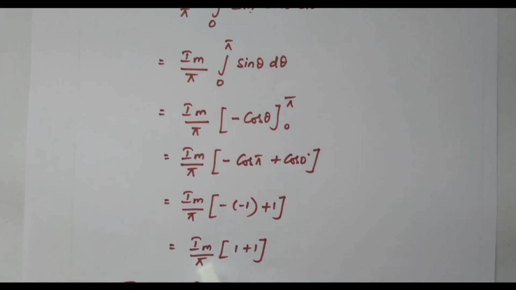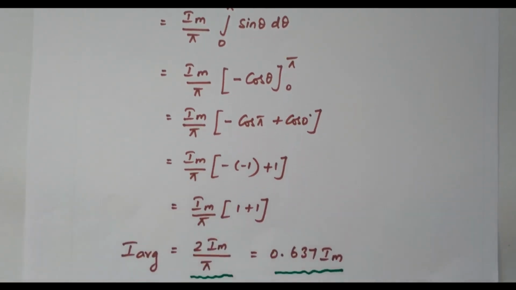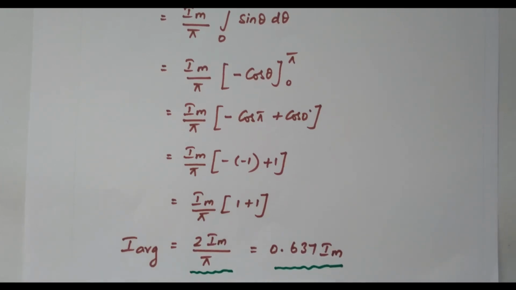So Im by pi, minus minus becomes plus 1, 1 plus 1, that's 2. So I average equal to 2 Im by pi. That is 2 by pi is 0.637 Im. So the average value of current in a sine wave is 0.637 Im.